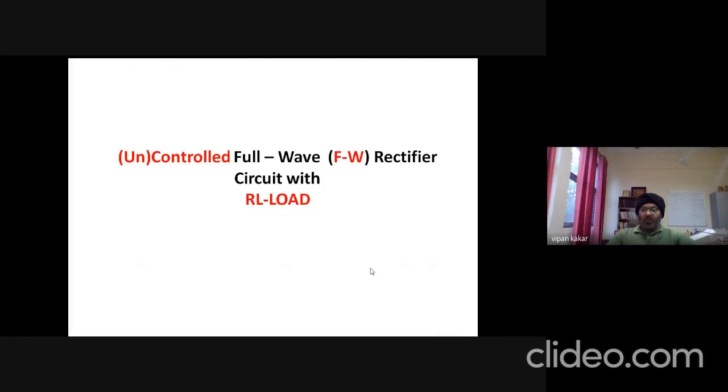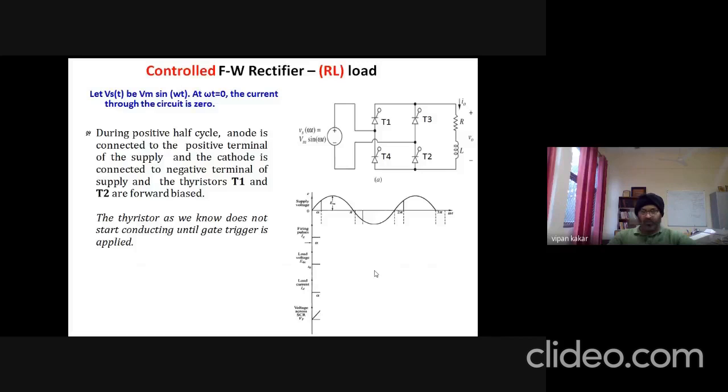Okay, so now moving to the RL load, if we have inductance at the load. Again the same thing, during the positive half cycle, we have T1 and T2 triggered, just as we saw in previous slides. But now the only thing is we have inductance involved in the output load.